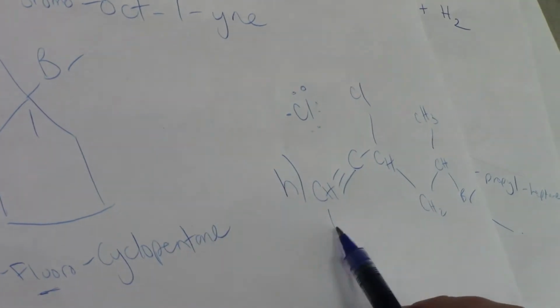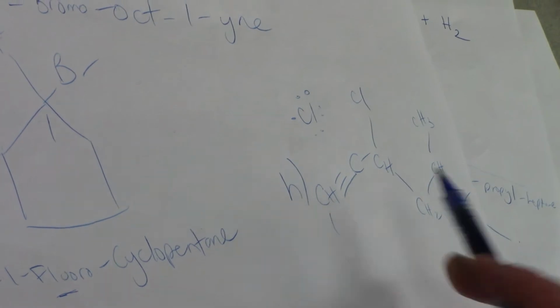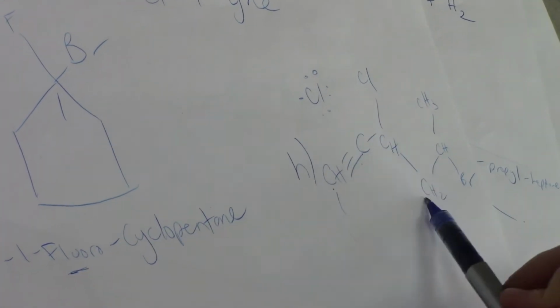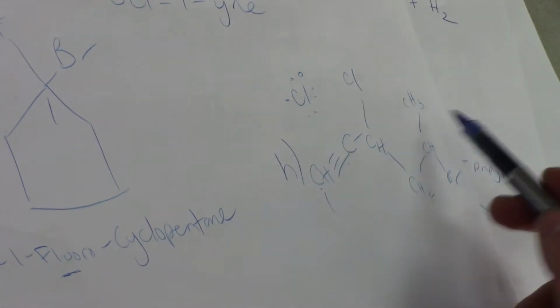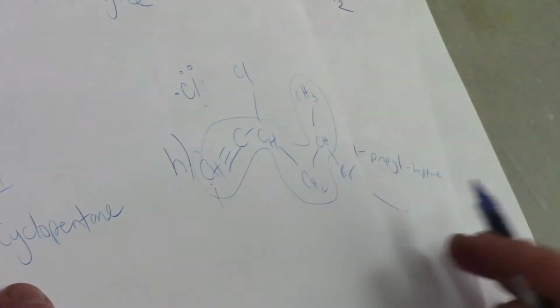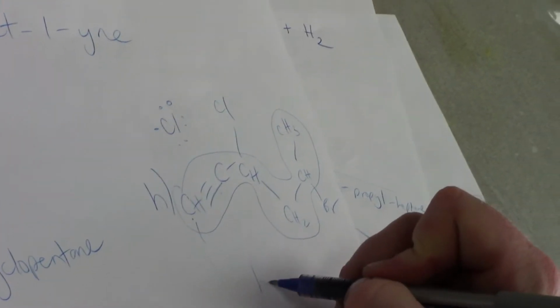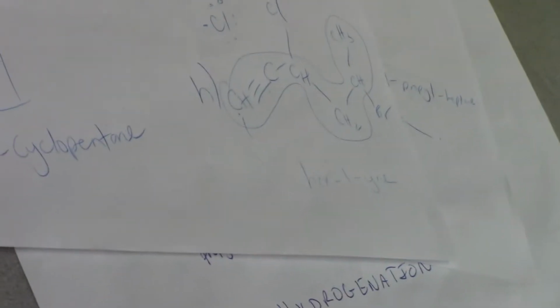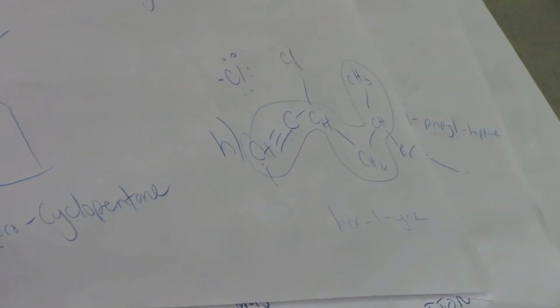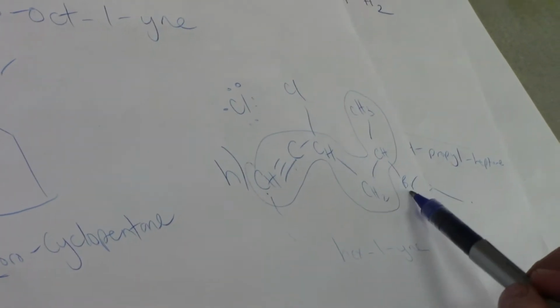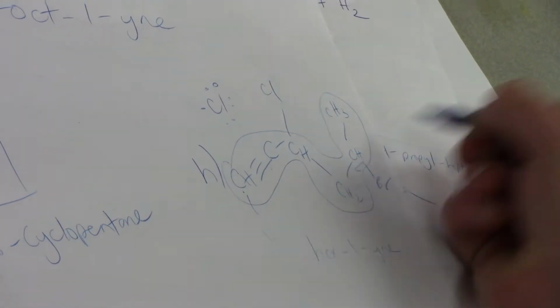Okay, so again, I'm going to number my carbons from this carbon 1 because the triple bond's here. So this is 1, 2, 3, 4, 5, 6 carbons. That's my parent chain. So this is going to be hex with a triple bond, 1-yne, hex-1-yne. And then I have a bromine group, and that's on carbon 5.